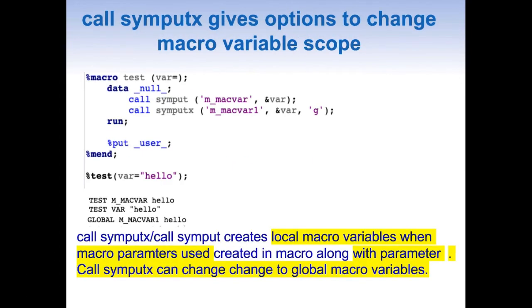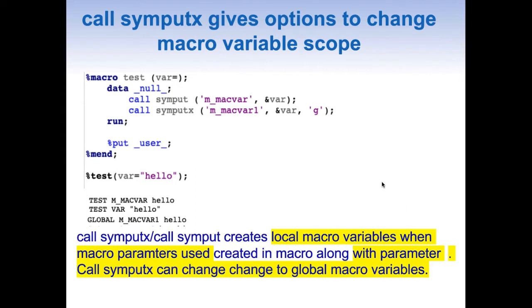Now let us look into another difference between call symput and call Symputx. Before going into those details, I need to discuss one important point. Whenever we create macro variables in a macro, usually they are local macro variables.